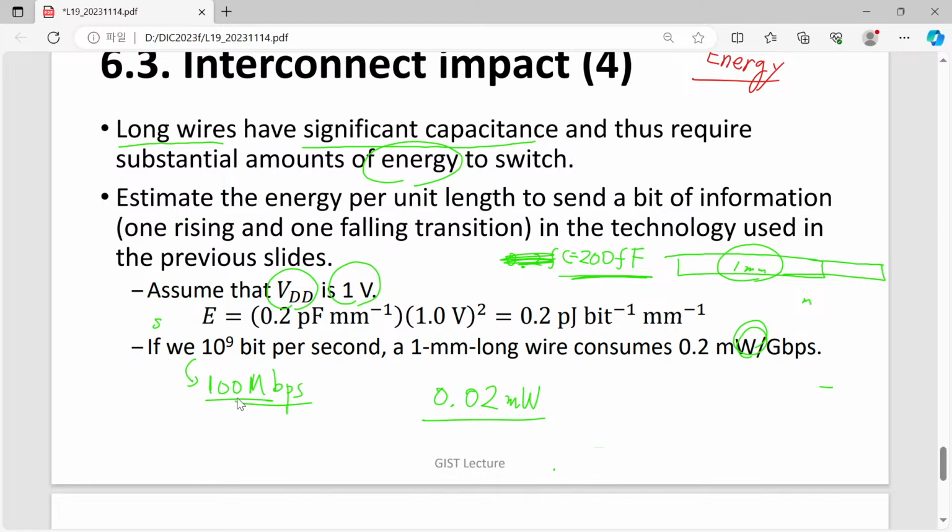So simply speaking, if you want to increase the operational frequency or bit rate of your metal wire, then you increase the energy consumption of your metal wire. So everything spends energy. If you want to make it quicker and faster, then you must pay something. Here your cost is energy.